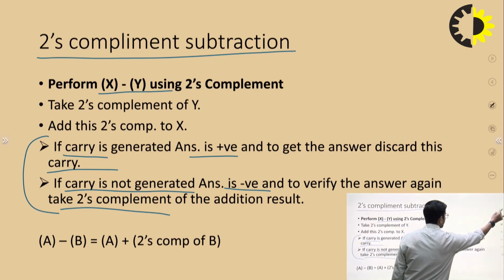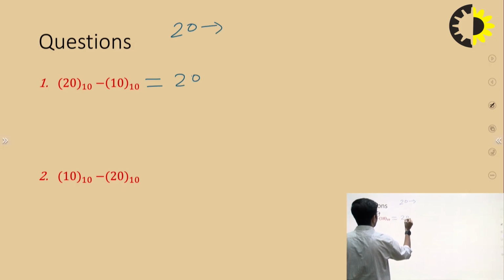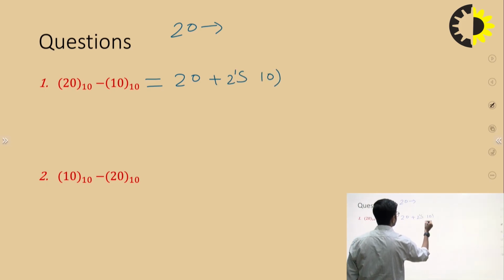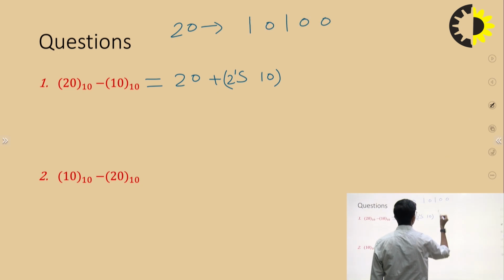So how can we perform the subtraction using 2's complement? If we take the same example, 20 minus 10, it can be written as 20 plus 2's complement of 10. So the binary of 20 is 1, 0, 1, 0, 0.